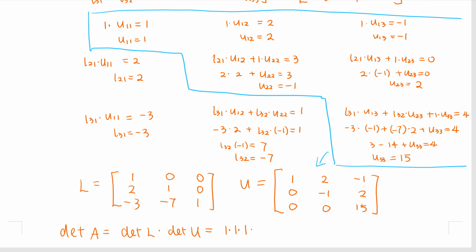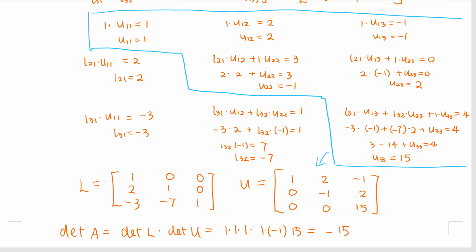And the diagonal elements of U are 1, minus 1 and 15. Now you can see easily what the determinant is: minus 15. See, A is a 3 by 3 matrix, but now when we compute the determinant, it's super easy. Just look at the diagonal elements and multiply them together. So far, so good, everybody?